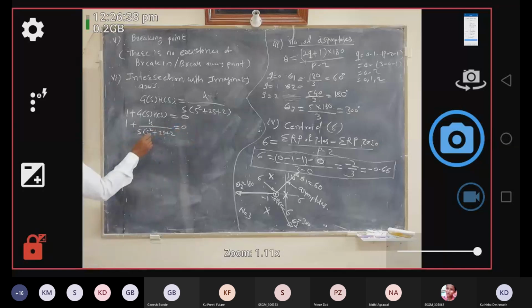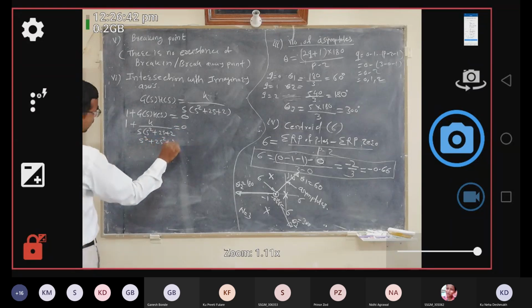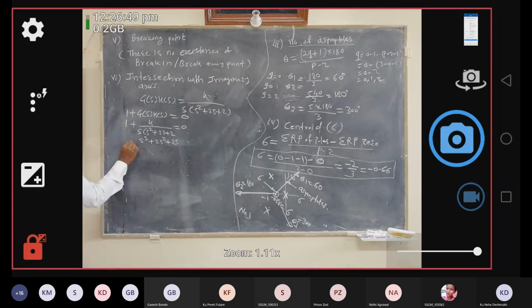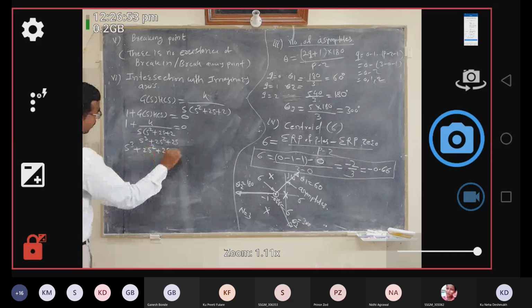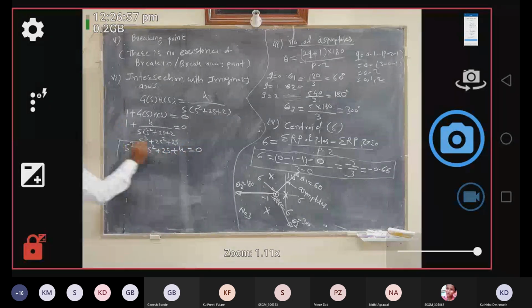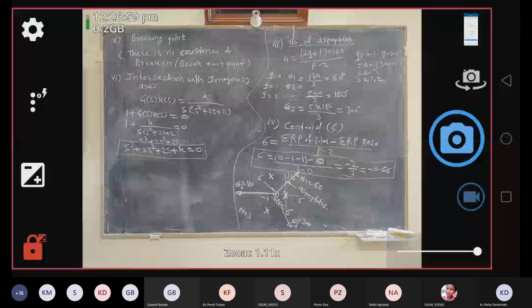Simplify this: S into S square is S cube, plus twice S square plus twice S. Multiply through, and you get S cube plus twice S square plus twice S plus K, which is equal to 0. So this is the characteristic equation.